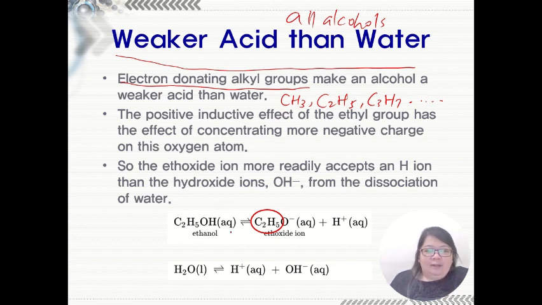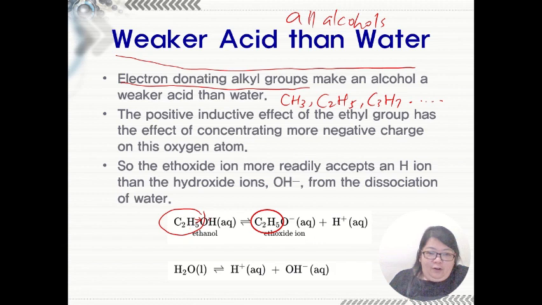Now I have an example here, ethanol, a two carbon alcohol. So the alkyl group is C2H5, bonded to the O. This OH is the one responsible for donating the proton, and it is bonded to an alkyl group. Now this alkyl group is an electron donating group. They have positive inductive effect on the oxygen, meaning they are donating electrons to the oxygen, so making this oxygen have high intensity of electrons.